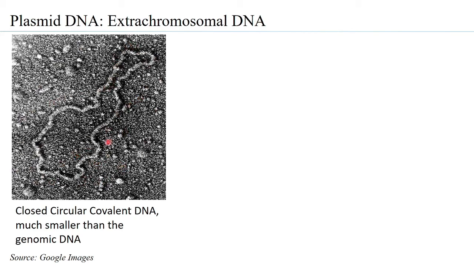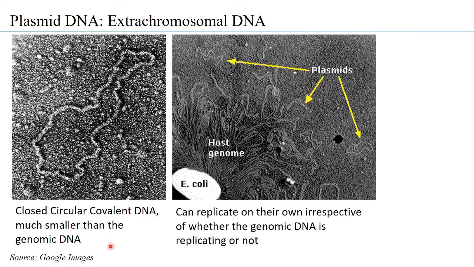Now, because these closed circular DNA are not part of the genomic DNA or the chromosomal DNA, they were called extrachromosomal DNA, but more commonly now they are called plasmid DNA. So, I repeat, plasmid DNA that is present in many bacteria is closed circular covalent DNA, much smaller than the genomic DNA.